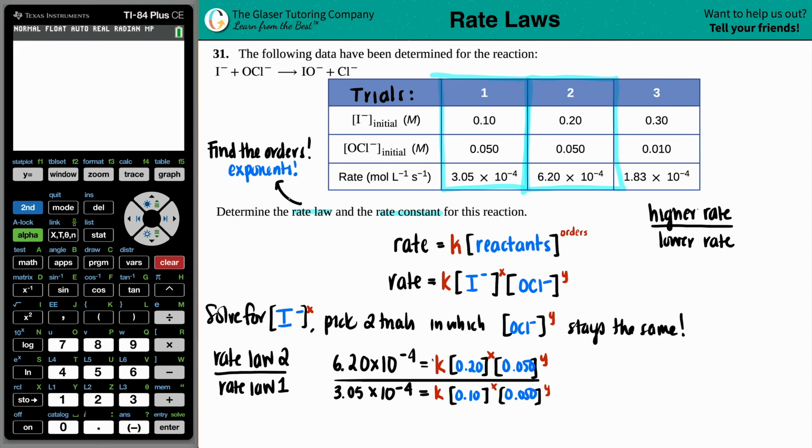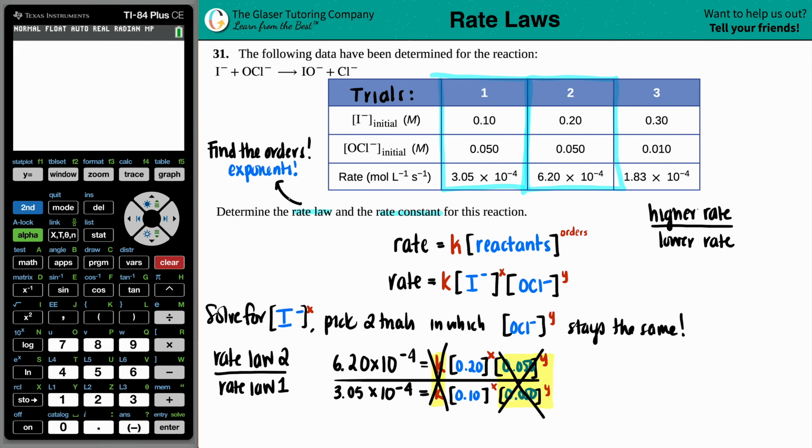It's okay that we don't know the rate constant, because K divided by K is the same unit, so it gets canceled out. And the same thing with the concentration of the OCl minus: since the number is the same and it's linked to the y variable, it goes bye-bye.